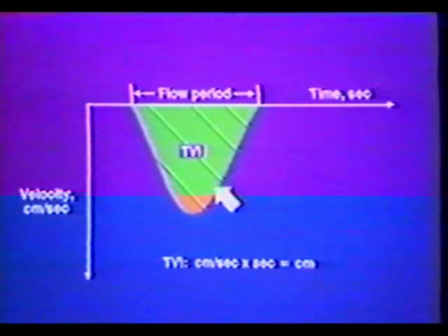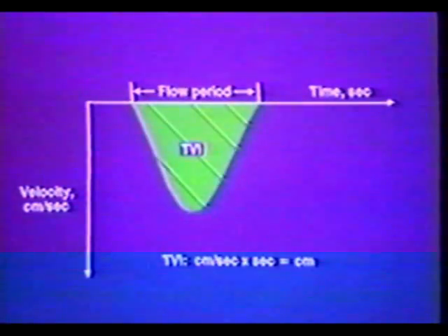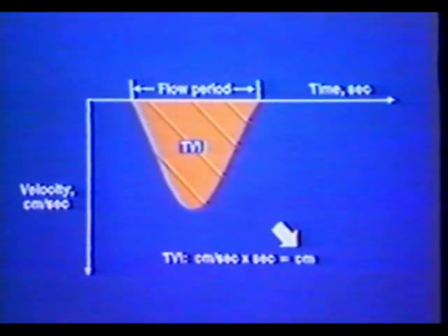The area under the systolic velocity curve is referred to as the TVI, or time velocity integral. Integrating a velocity curve yields distance. Therefore, the TVI represents the distance that blood travels per stroke.